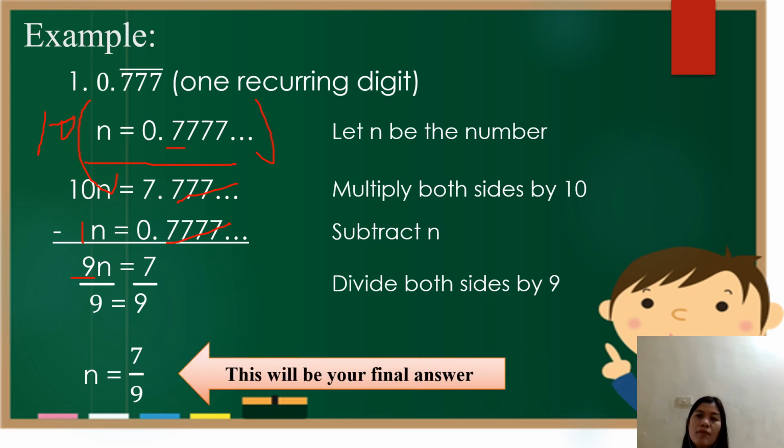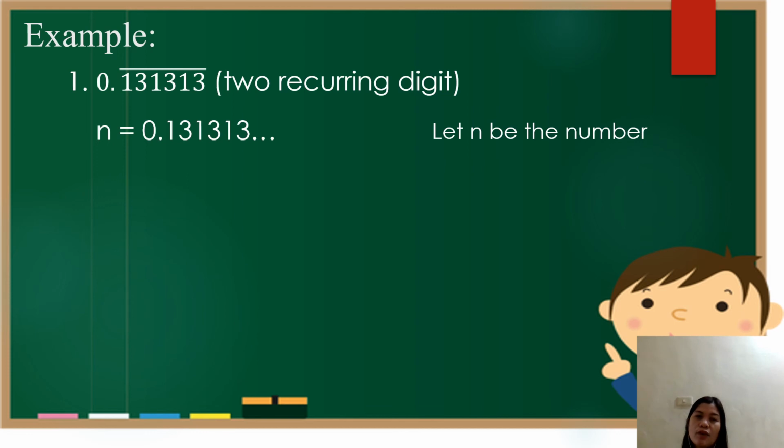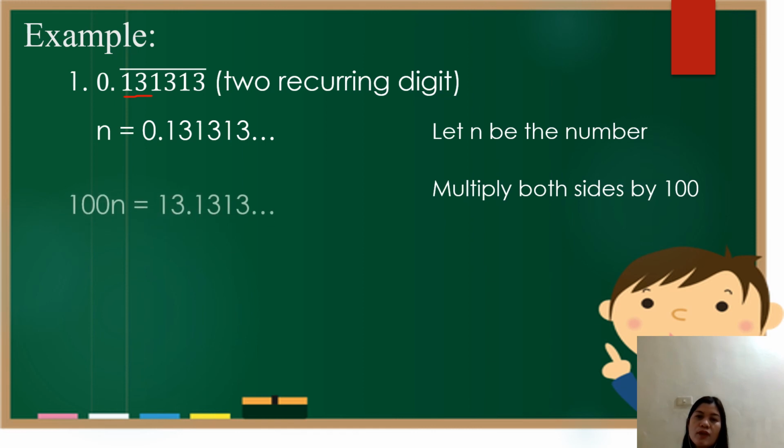Another example, 0.1313. 13, 13. So, 2 recurring digits. So, two numbers are repeating. Let n be the number. Since there are 2 recurring digits, we are going to multiply this by 100. So, this is 100n.